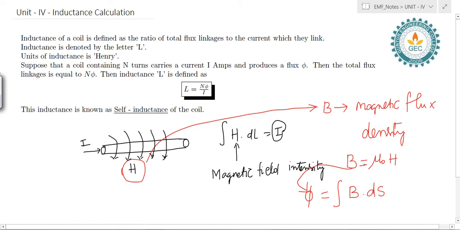Suppose the conductor is bent in the form of a circle. Then the current flowing through it would be, say, in the clockwise direction. Then the magnetic flux lines would be like this.